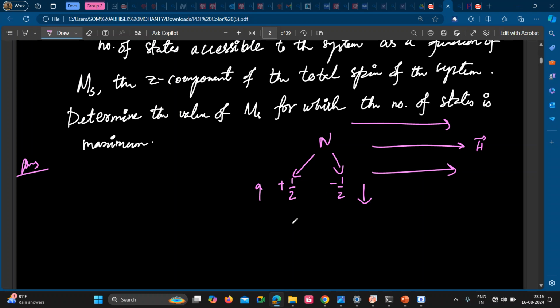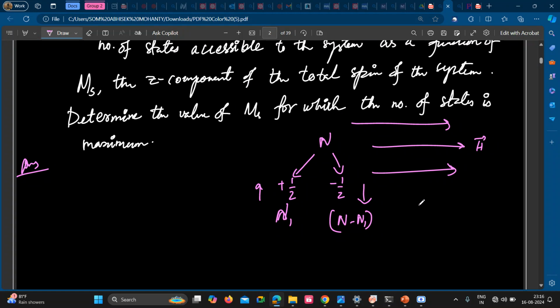Suppose that number is N1, and the number that is not along the magnetic field is N minus N1. So the component of the total spin, what is the component?